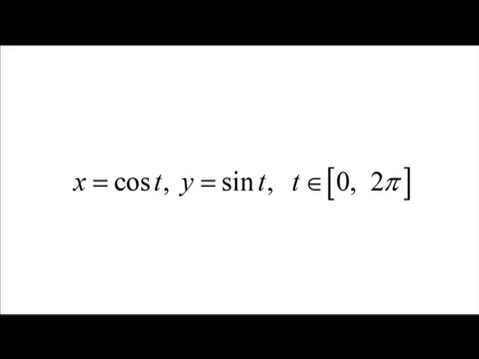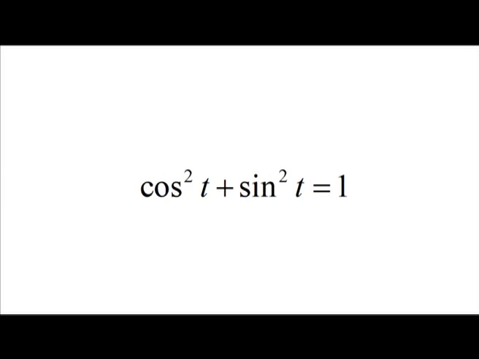We graph the curve represented by the parametric equations x is equal to cos t and y is equal to sin t, where the angle t varies over the closed interval 0 to pi. To draw the curve represented by the parametric equations, we first find the Cartesian equation representing the curve.